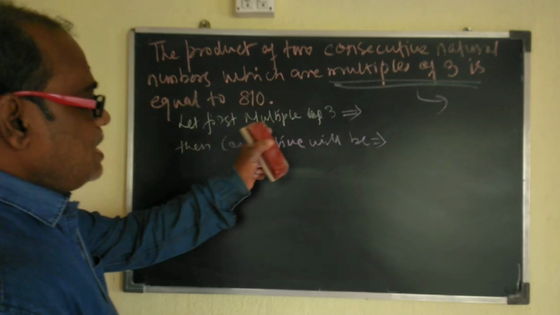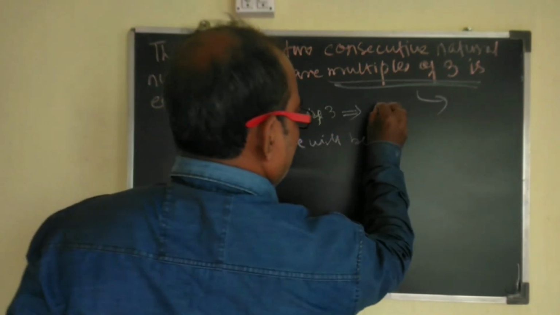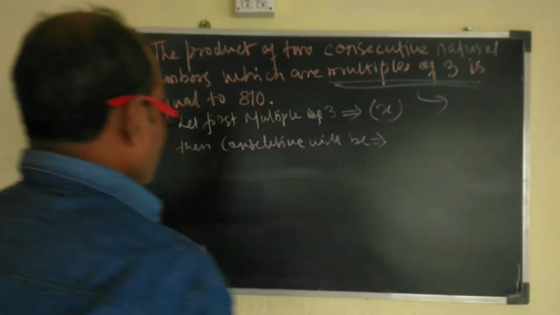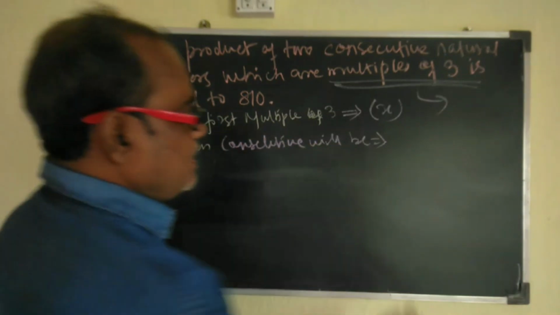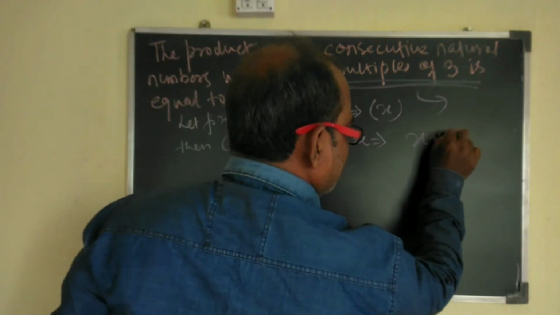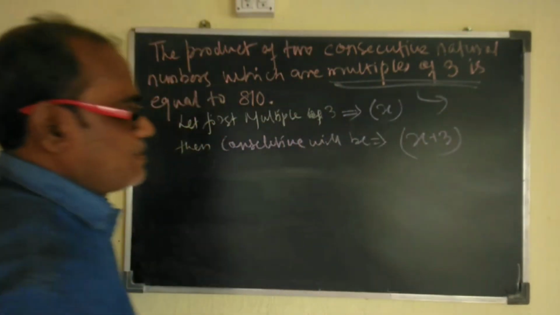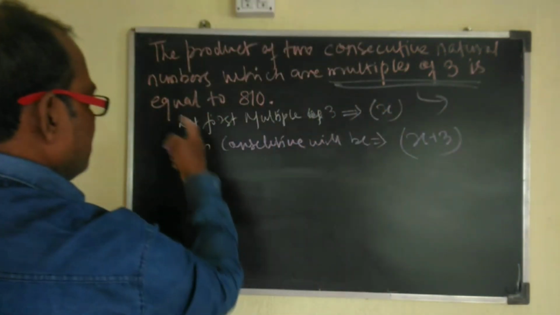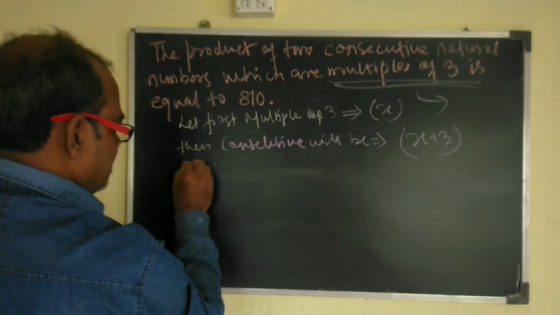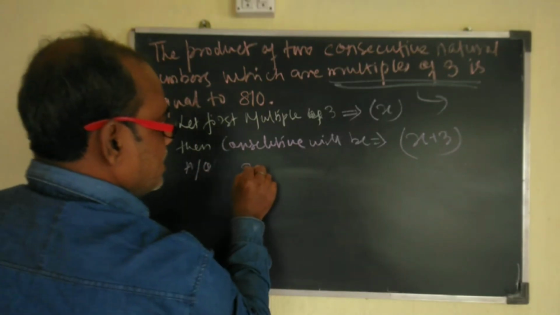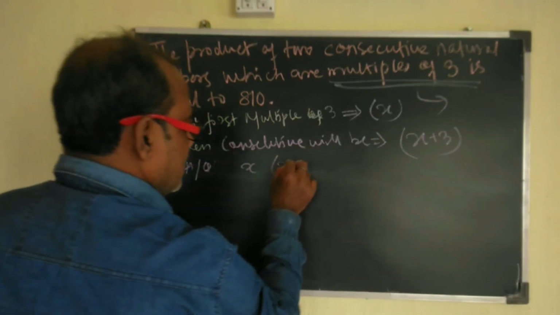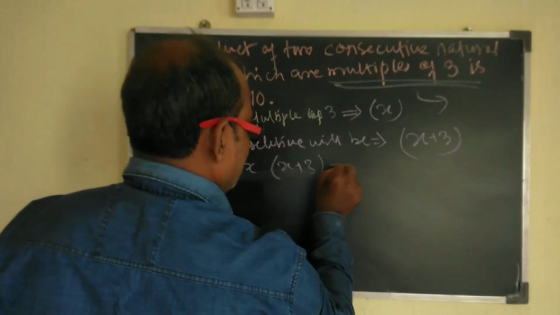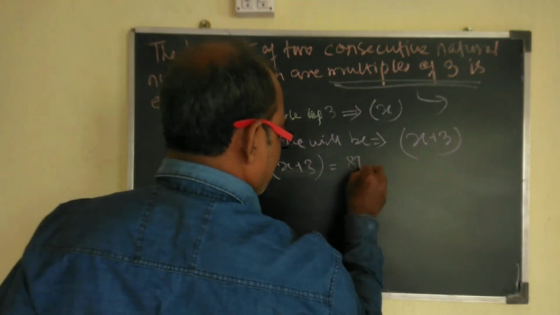So let the first multiple of 3 be x. Then consecutive will be x plus 3. Don't write 2x. It will be x plus 3. Then according to question, the product, that means write down here according to question, x into x plus 3 is equals to 810.